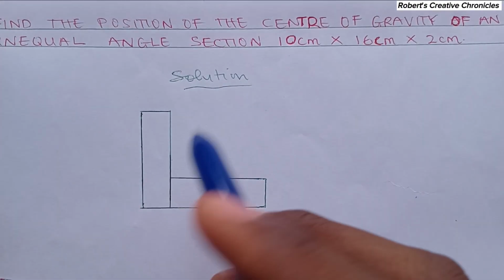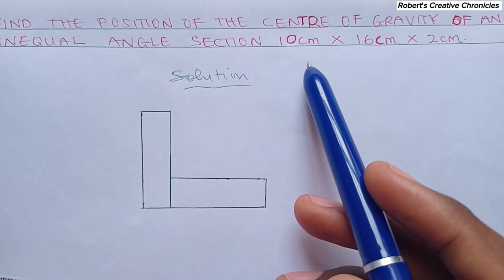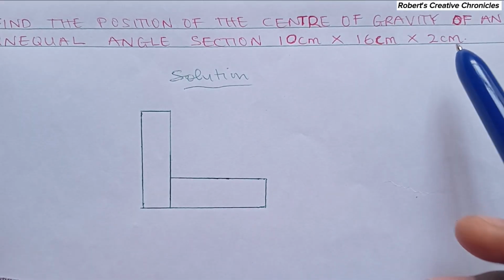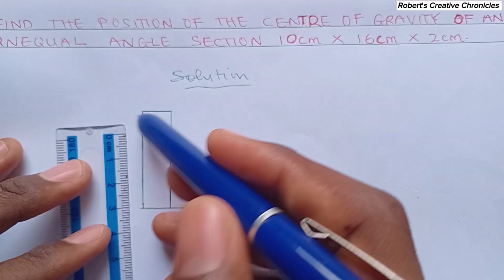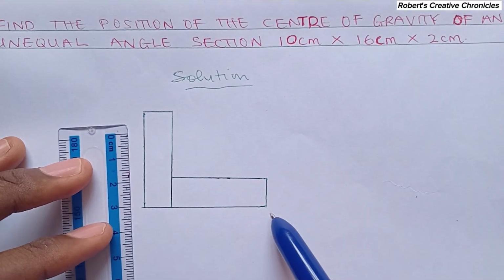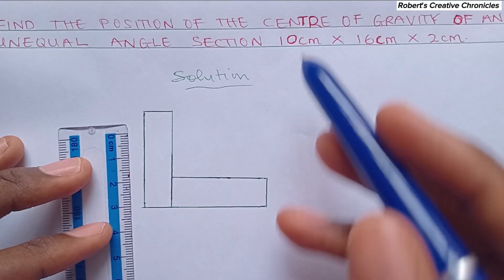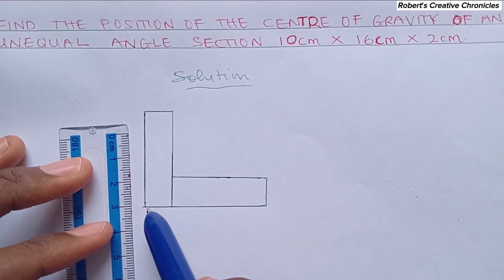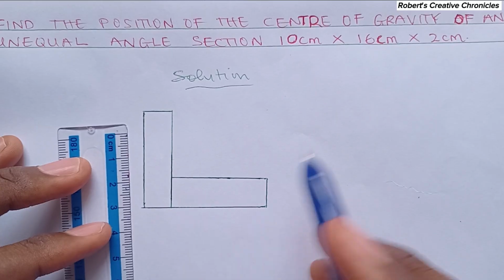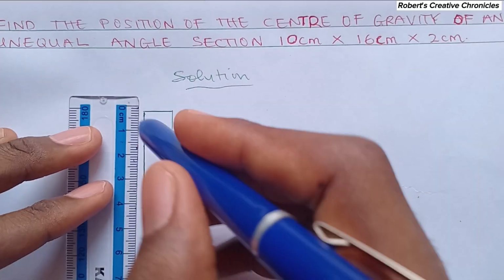So this is the unequal angle section, and the dimensions are 10 cm by 16 cm by 2 cm. What this means is that here will be 10 cm, here is 16, and here is 2 cm. The first one is here, the second one is here, and the third one is here. That's the general way.